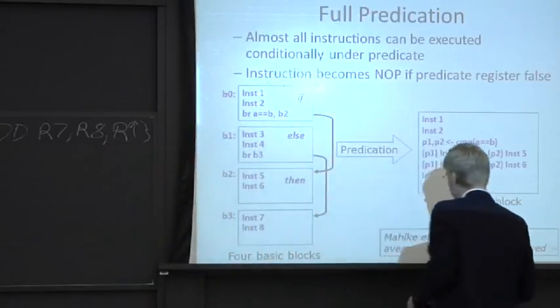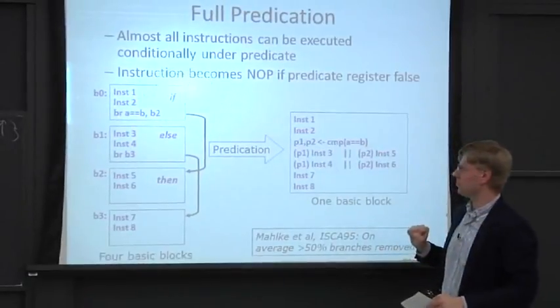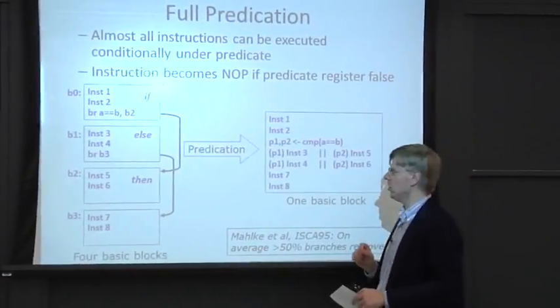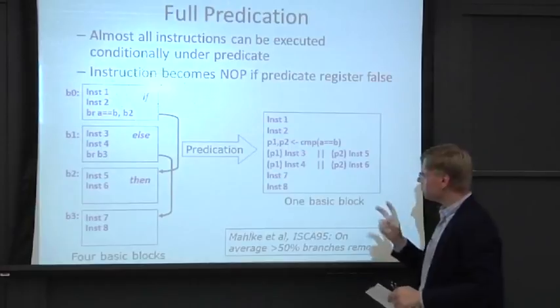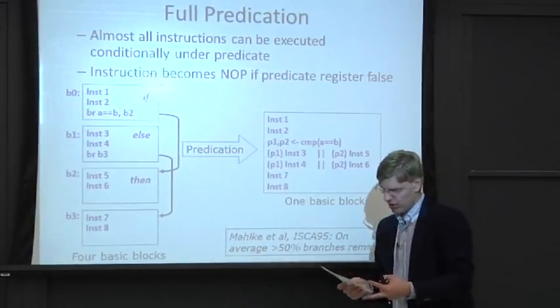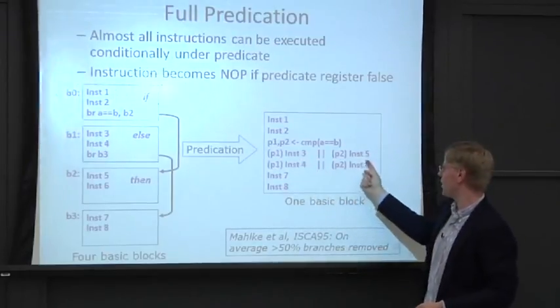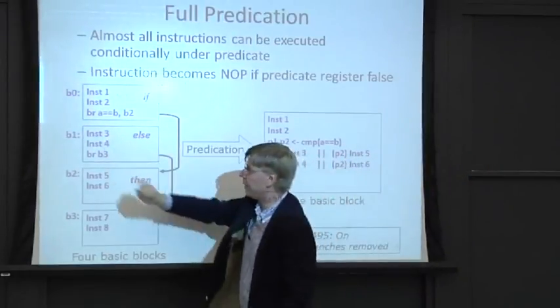So in this example here, we took this piece of code and added full predication. So when we say full predication, we added some extra things to these instructions. They look a little strange at first. So here we have instruction 3, instruction 4, instruction 5, instruction 6. And these are the same ones that were back over here.